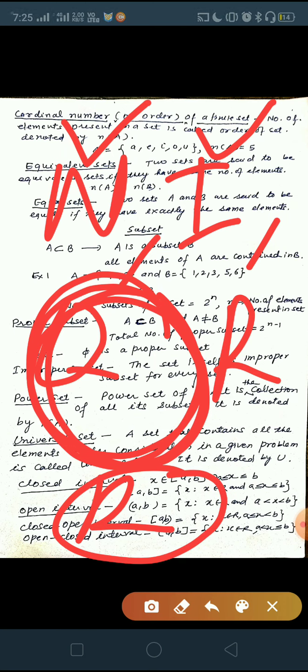That means the universal set is not fixed. It may change from question to question, scenario to scenario.